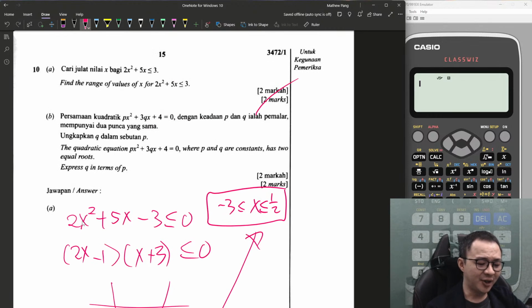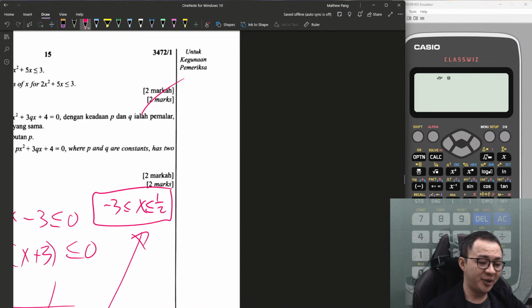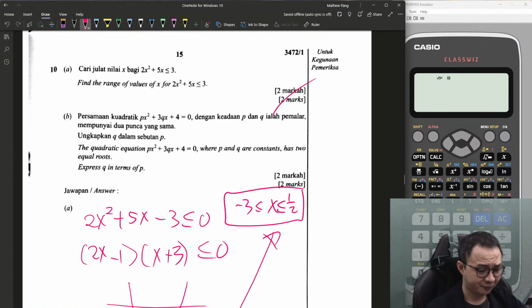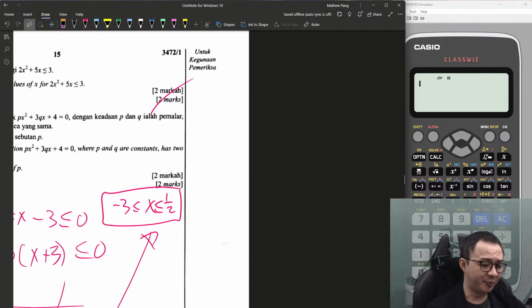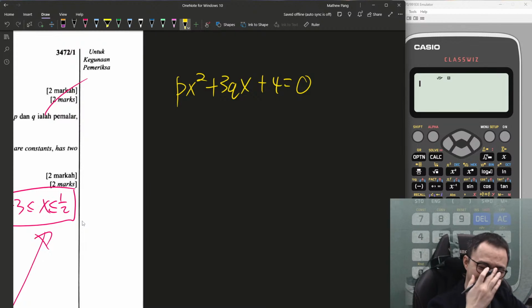The quadratic equation has 2 equal roots. For 2 equal roots, b squared minus 4ac equals 0, right? What do they want me to find? Oh, q in terms of p. Okay, so I have an equation px squared. Why so many quadratic ones in this paper? Just now we did a lot of b squared minus 4ac also.